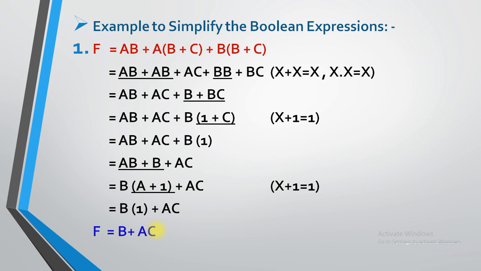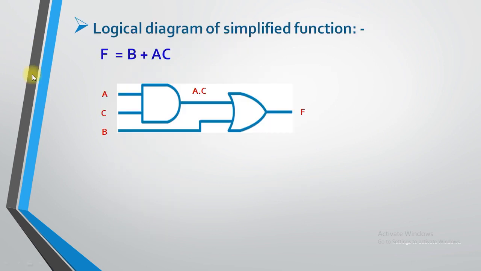Why? Because we have already performed lots of circuit based sums, and based on Boolean expressions we have drawn lots of circuits. So I hope you can draw it, but let me share the screenshot of the logical diagram which represents the simplification of the function.